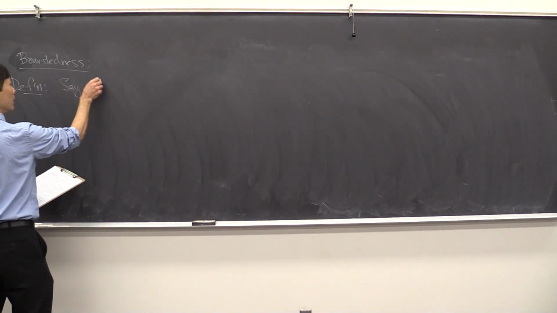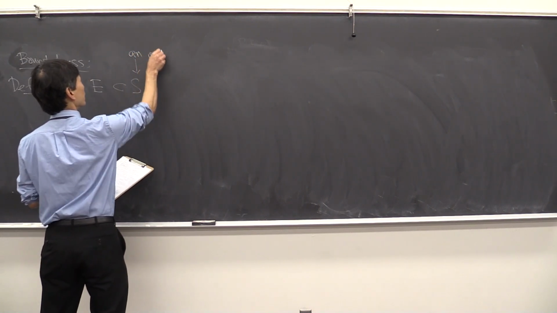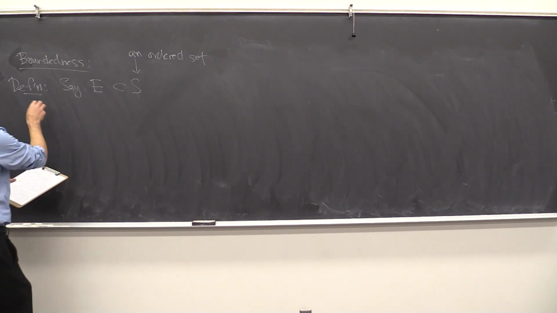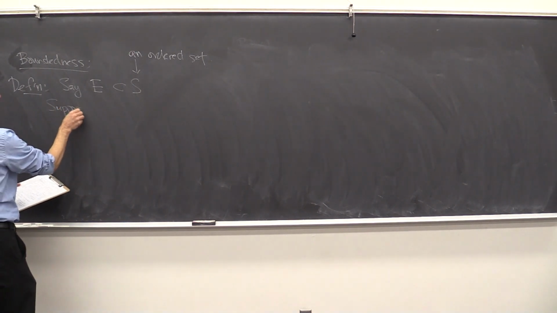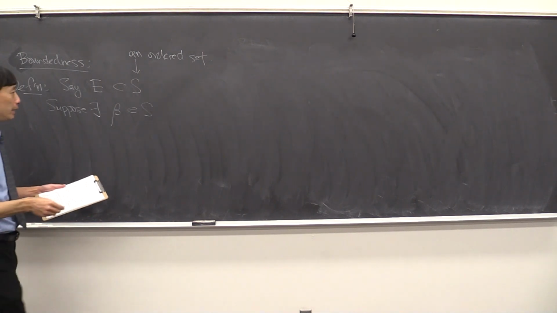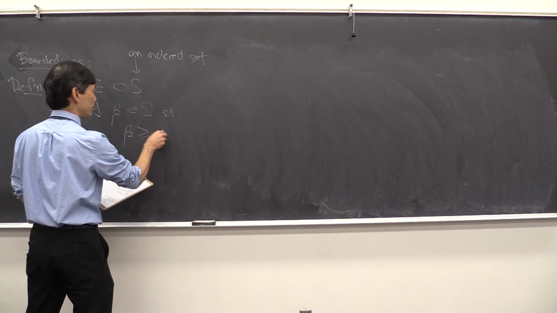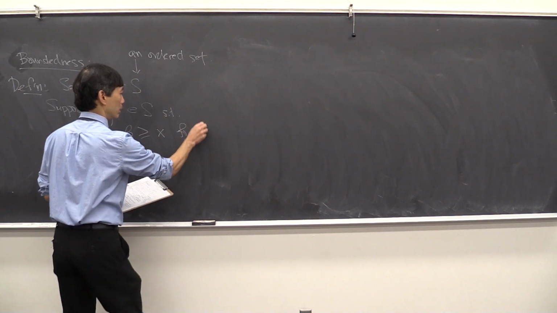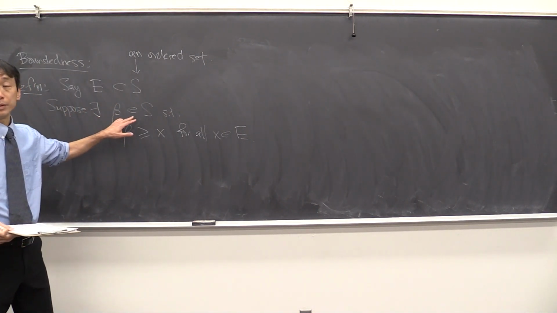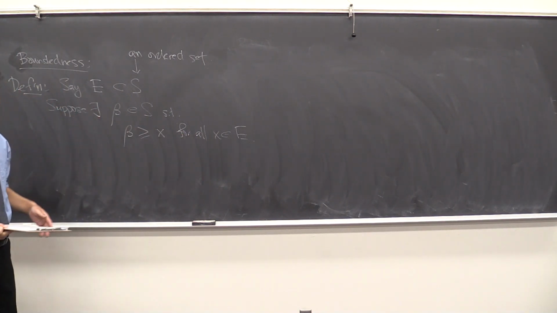Suppose you have a subset E of an ordered set S. Suppose there is an element beta in S, and you know that beta is bigger than or equal to x for all x in E. So there's some element of S that is bigger than or equal to everything in E. Then we call this thing an upper bound of E. That's a simple idea.